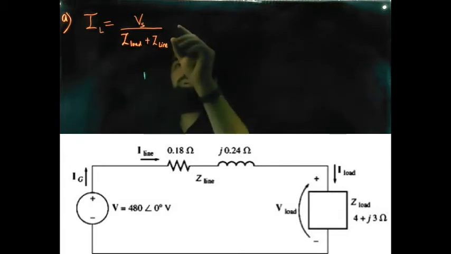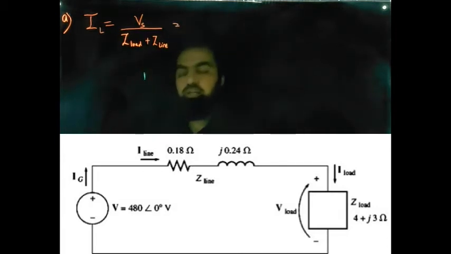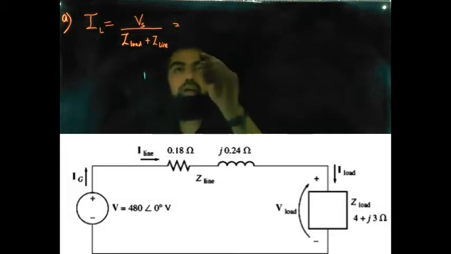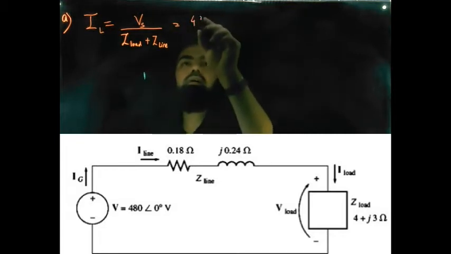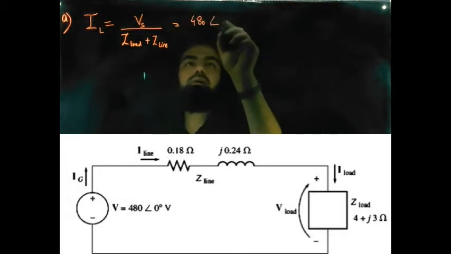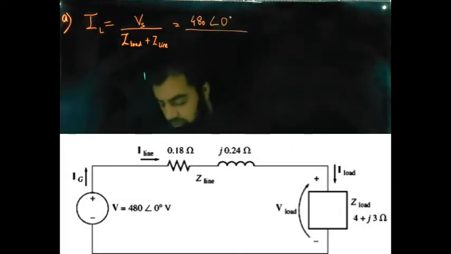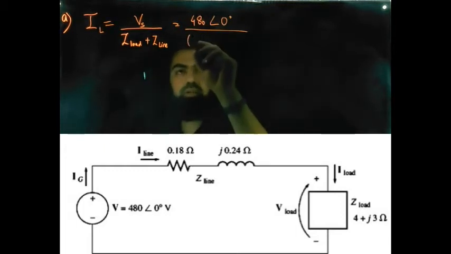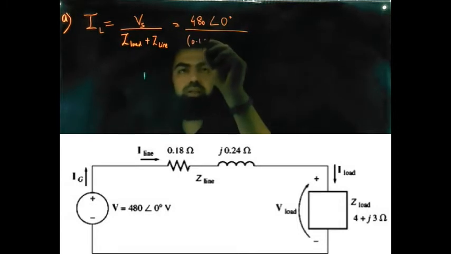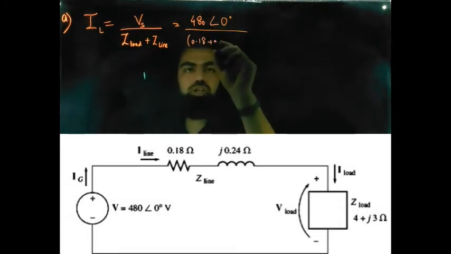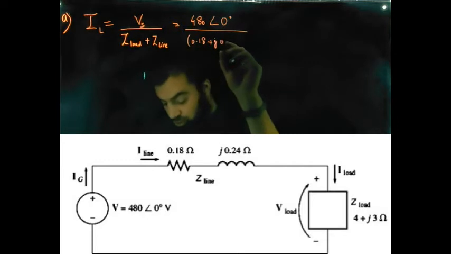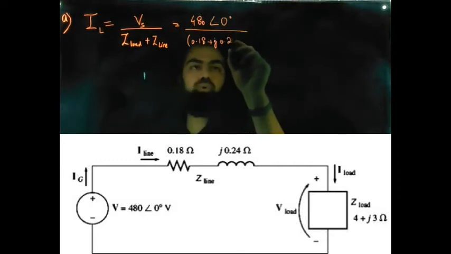Fine. This is your source voltage, this is your line current in the circuit. Vs has been given to us, it is equal to 480 angle 0 degrees. Fine. So you need to have scientific calculators with you. The line impedance has been given to us, it is 0.18 ohms plus j0.24 ohms.